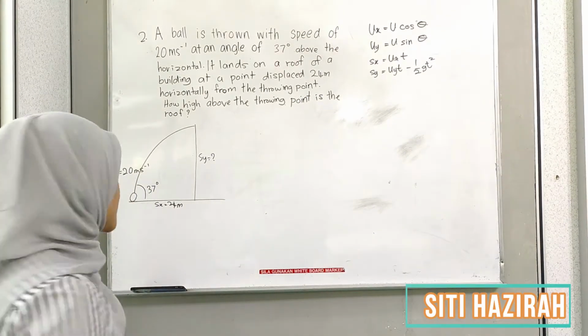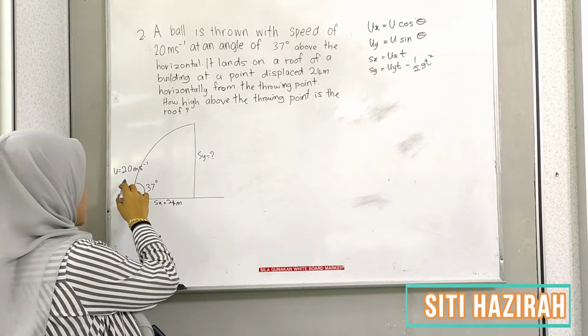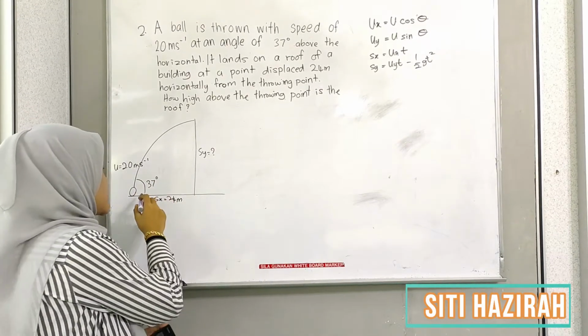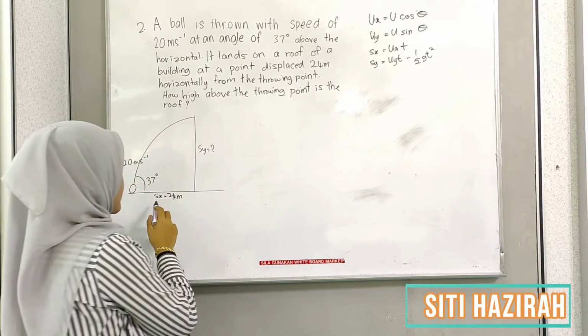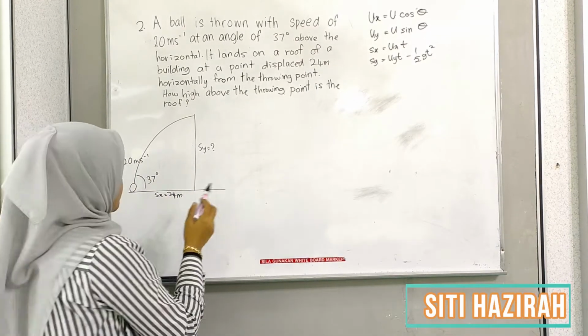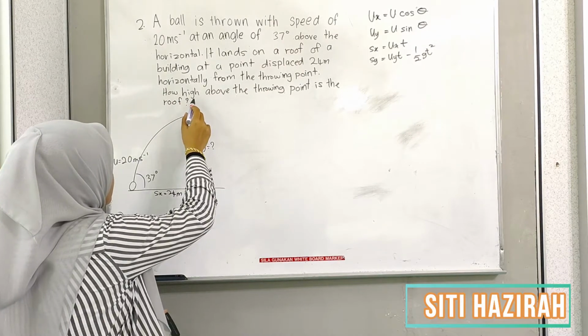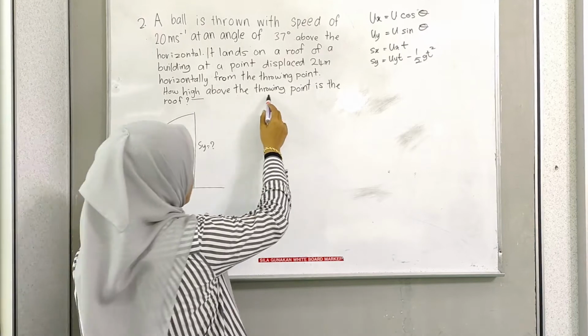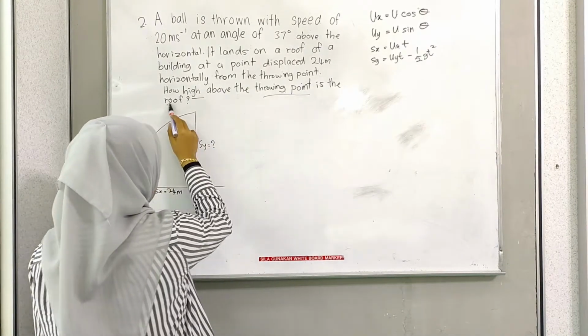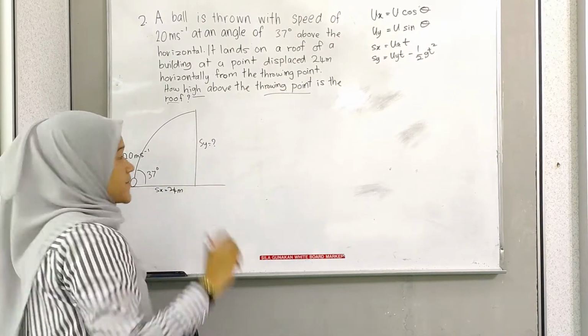From the question, it is given u equal to 20 meter per second, the angle is 37 degree, and sx equal to 24 meter. And the question asks how high above the throwing point is the roof. So we have to find the sy.